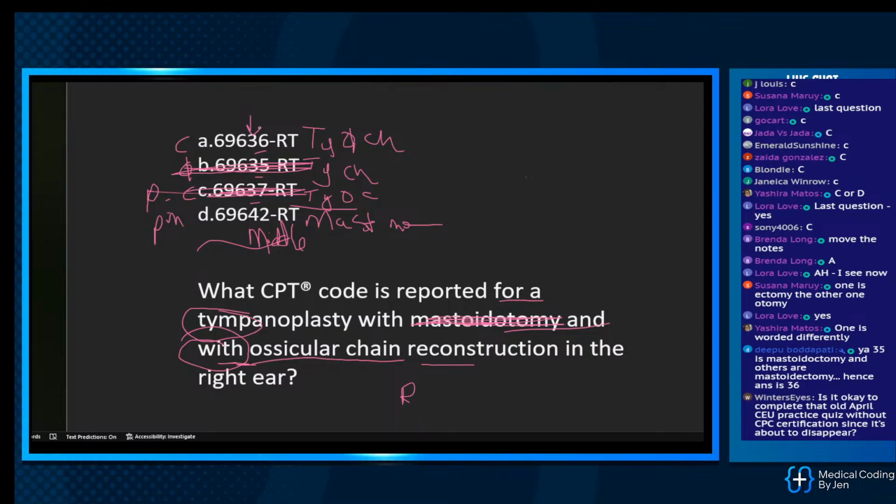Middle ear and tympanic membrane. So the ATT is different with the antrectomy.